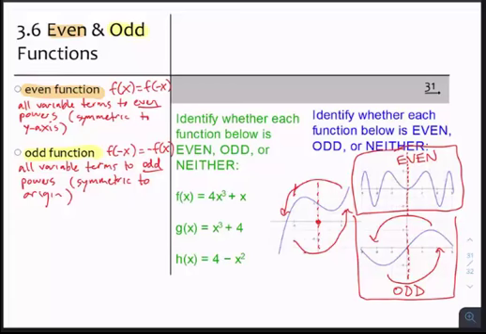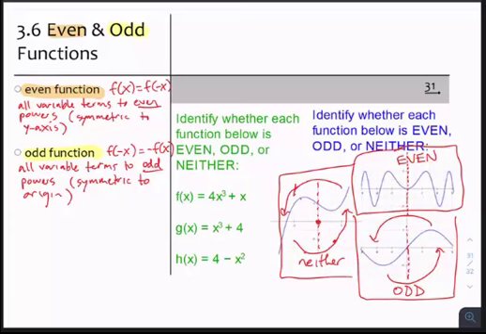No, it does not, because this point down here is going to wind up in quadrant 4, and so it's not going to map onto its original self. So this one would be considered neither. Just looking at a graph, it's usually pretty easy to determine whether it's even, odd, or neither.